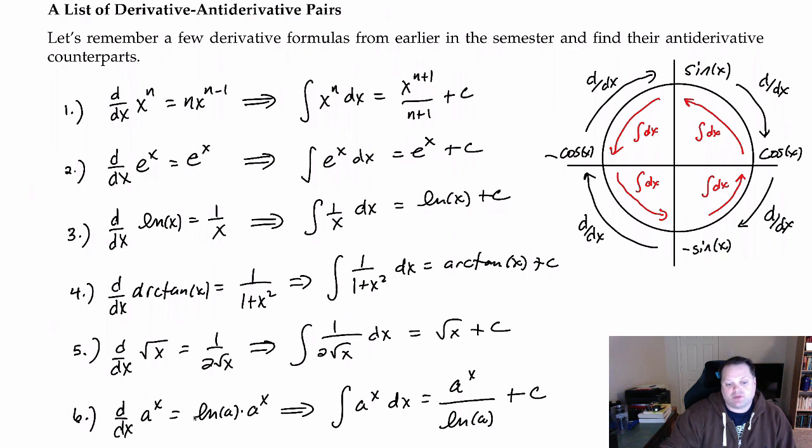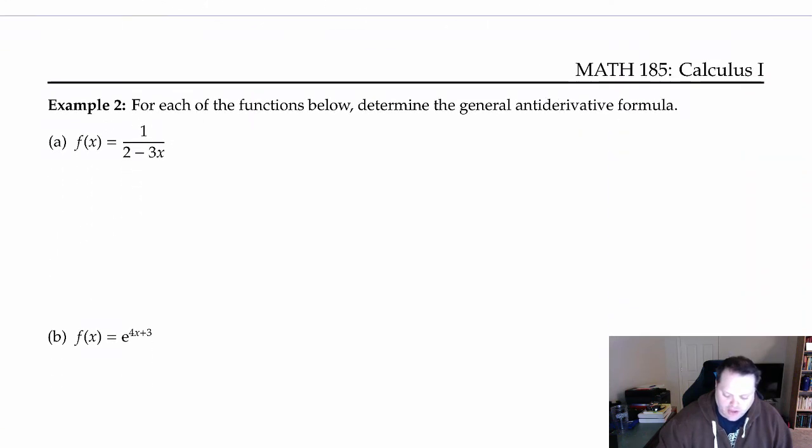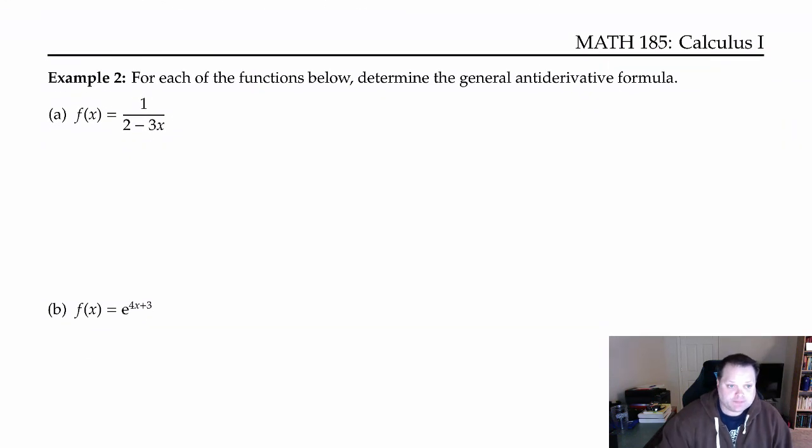Now there's some undoing of constants that has to be done here, like power rule and the example I showed down here. But I wanted you to understand that you've got this pairing between derivatives and antiderivatives, and we're going to use that to our advantage with several examples here.